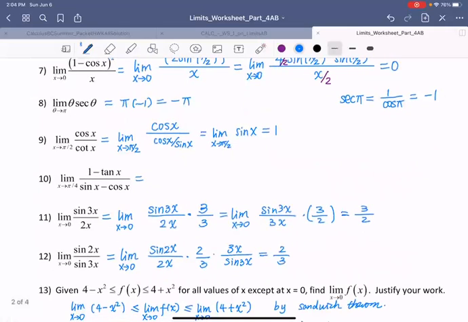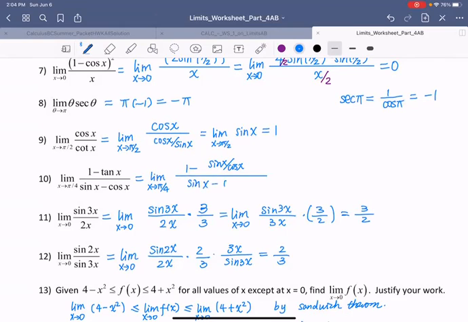Let's do number 10. For convenience, I turned tangent into sine x over cosine x, so it's 1 over sine x over cosine x over sine x minus cosine x. And then to make it easier to look at, I multiply top and bottom by cosine x.